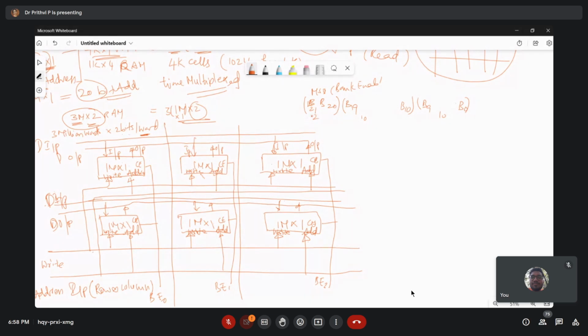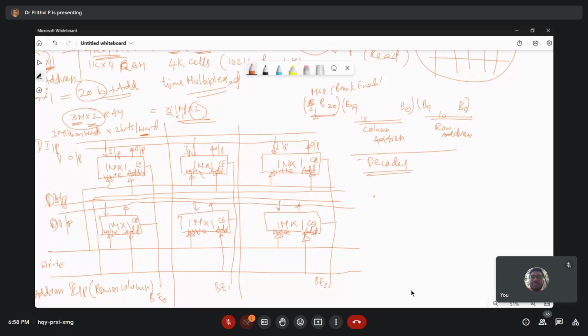The first MSB 2 bits will be for bank enable to address 3 banks. The next set will be the column address, and the least significant 10 bits will be taken for row address. Now, how do we enable this? We need a decoder to decode which bank is enabled and which row and which column address we are trying to access.